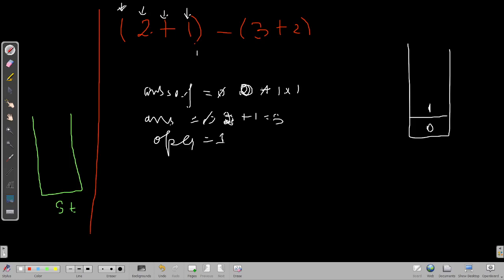Now the things come here. When we have this closing bracket, it means whatever the bunch of expression we were calculating is completed. At this position our answer is 3. Now whatever the expression we previously had, just remove it from there.